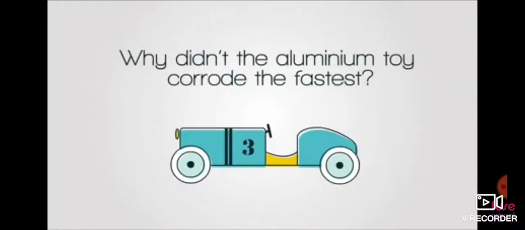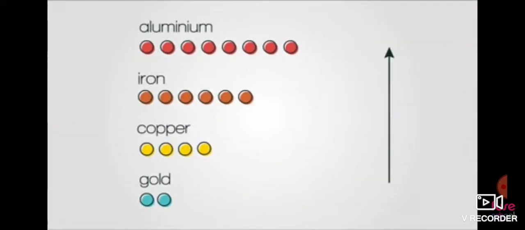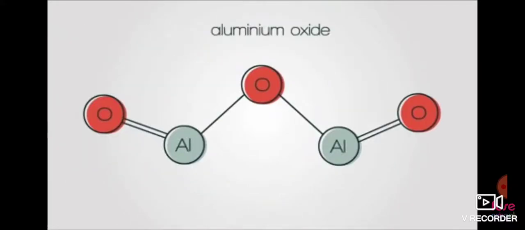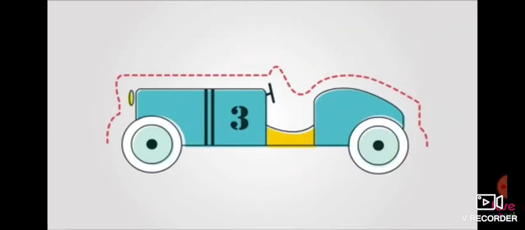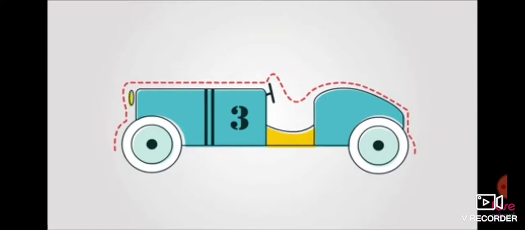But you may be wondering, why didn't the aluminium toy corrode the fastest? The truth is, the aluminium is more reactive than the iron, so it reacts fastest with the oxygen from the air, forming aluminium oxide. Aluminium oxide is very unreactive because once the oxide layer is formed on the surface, it binds very tightly to the surface of the metal, so no cracks can form and cause further corrosion.